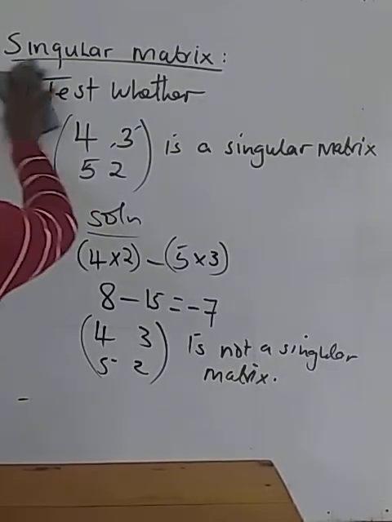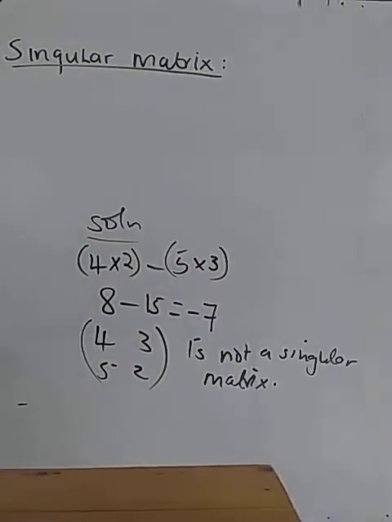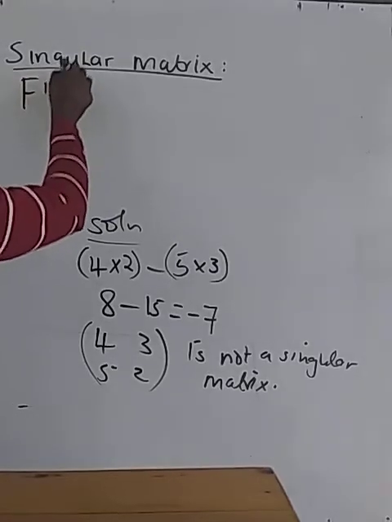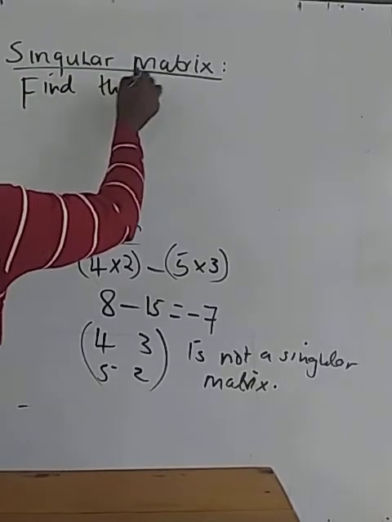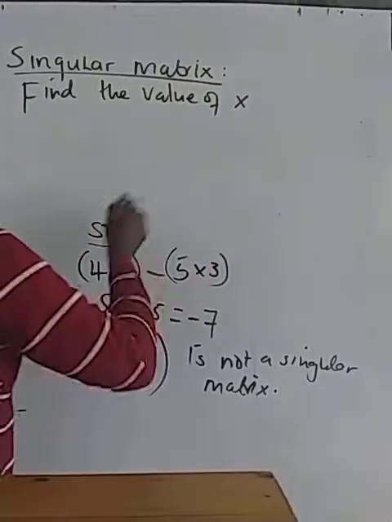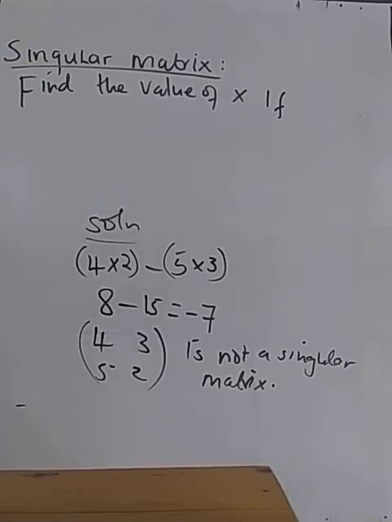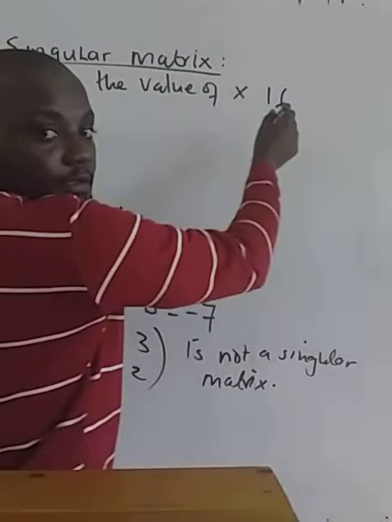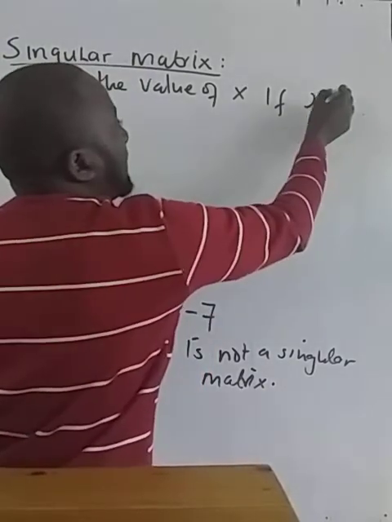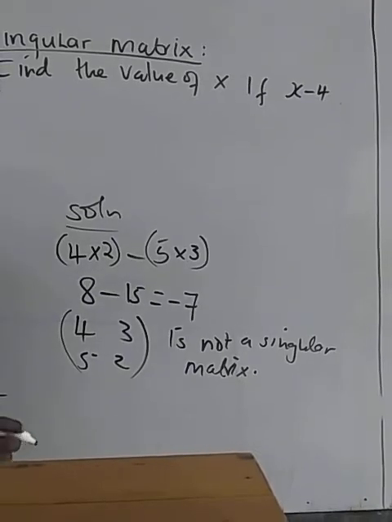From there, we do example number 2. Write this. Find the value of x if the matrix is: x, 4, 1, x minus 3.